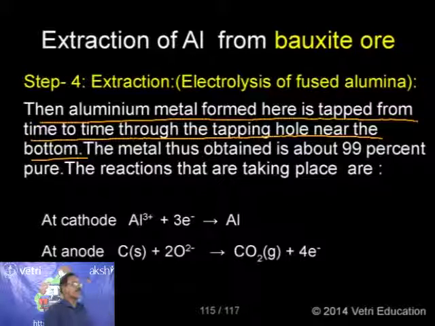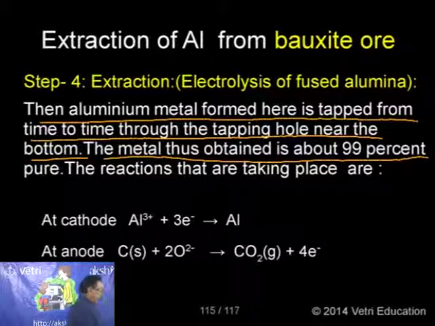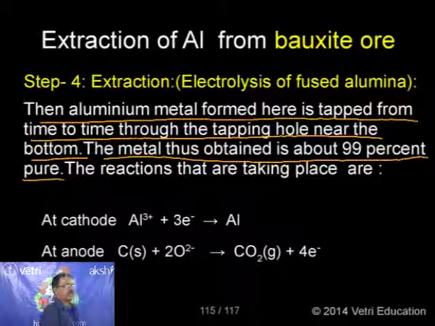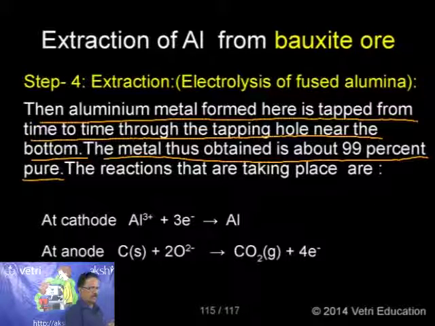The metal thus obtained is about 99% pure.